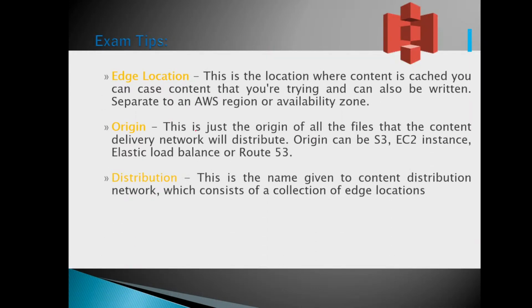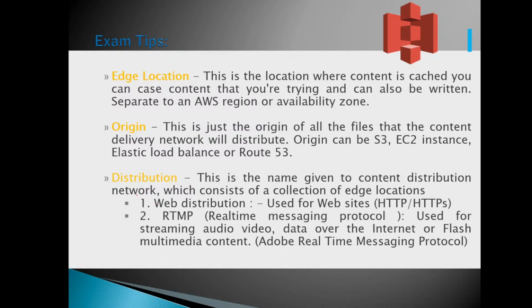So, summary: in CloudFront we have three key terminologies. Edge location, where the data is cached; origin, from where you want to host your data, the origin of your data; and distribution, which is the collection of edge locations. In the previous version, CloudFront had a configuration where you had to select what type of website you are hosting, a simple website or a media website.